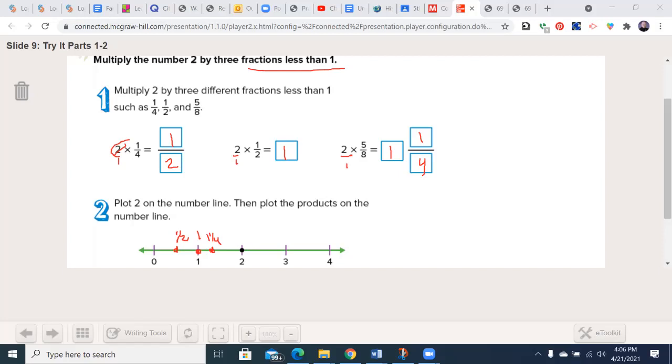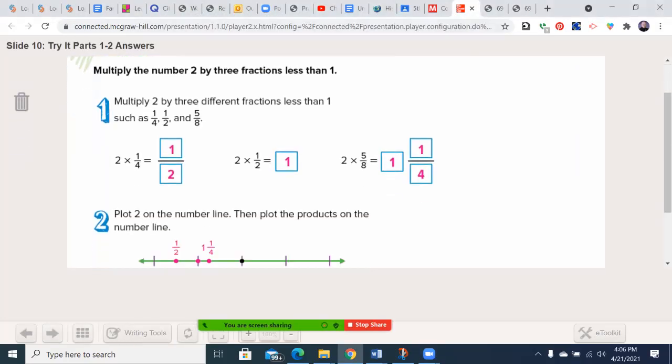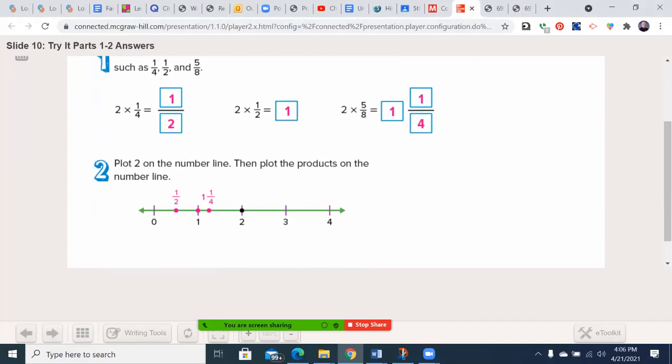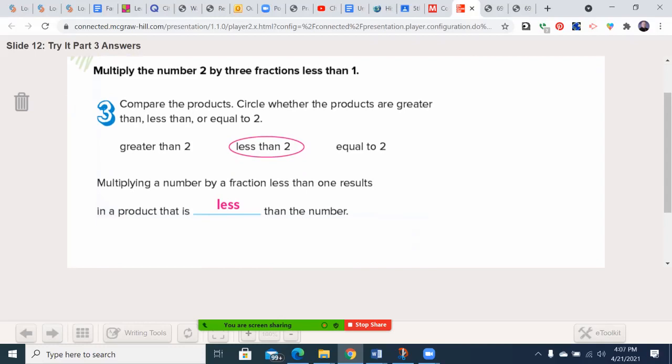Couple more seconds. All right, I'm going to go ahead and clear the screen. And move forward here. Let's see our answers. All of them are definitely smaller than the 2. And this is going to look similar to how we finished the last one. All of them were less than 2.